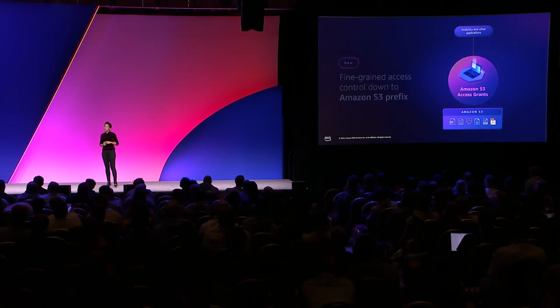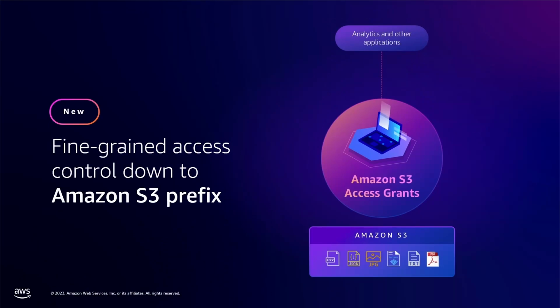Here's a specific example. Earlier this week, S3 announced S3 Access Grants. Data lake customers are super excited about this because it gives you the ability to apply fine-grained controls all the way down to the prefix level of S3.